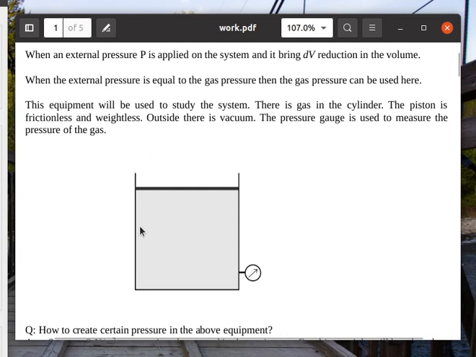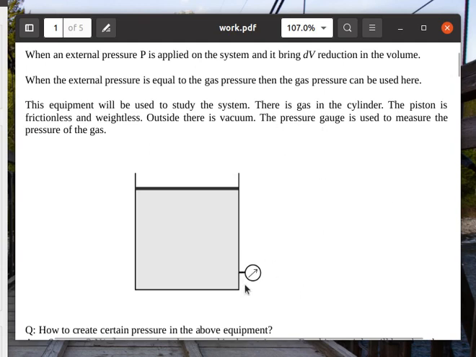Important point: it is frictionless, it can move very freely without any loss of energy or any heating, and it is weightless. Outside there is vacuum, there is no air here. You can imagine all these things.